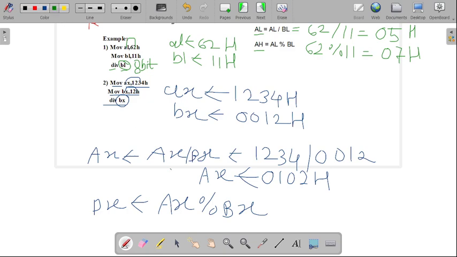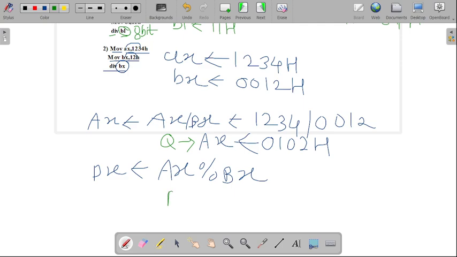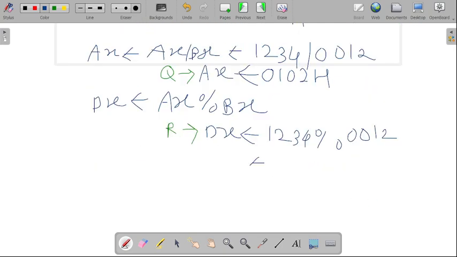Our quotient will be in the AX register and our remainder will be stored in our DX register. So I'm writing here DX is equal to AX mod BX, that is 1234 mod 0012. After performing the operation, we will get a remainder of 10H.